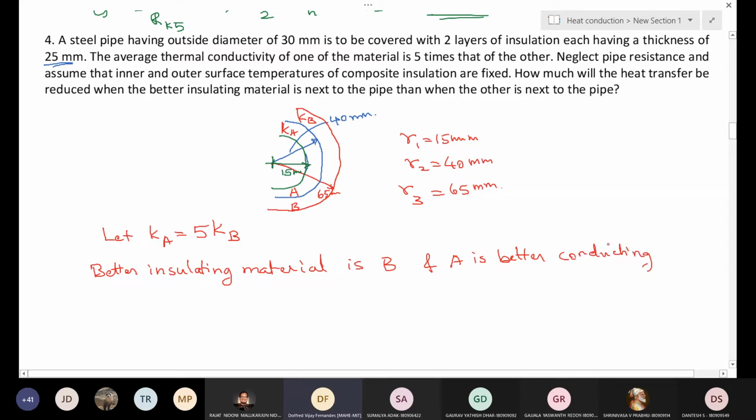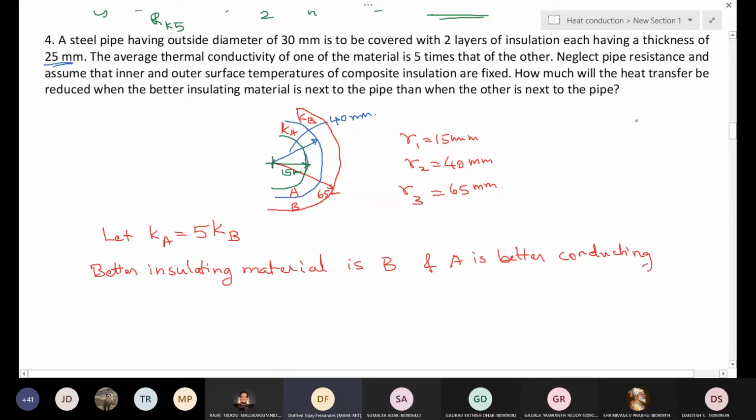So you have two situations you have to consider now. One situation is where you have A inside and B is outside. Another case is B is inside and A is outside. So neglect the pipe resistance. So we don't have to consider the heat transfer through the pipe wall or the resistance to the heat transfer only. We can directly consider these two resistances.